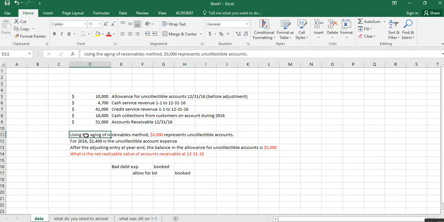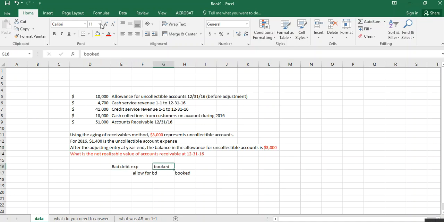Well, we determined that under the aging of receivables method, $3,000 should be in that tank. So it should not surprise anyone that after that entry was made, whatever entry was needed, we made an entry to bring it up to $3,000, which is exactly what you would expect in the balance sheet method. Making a debit to bad debt expense here.